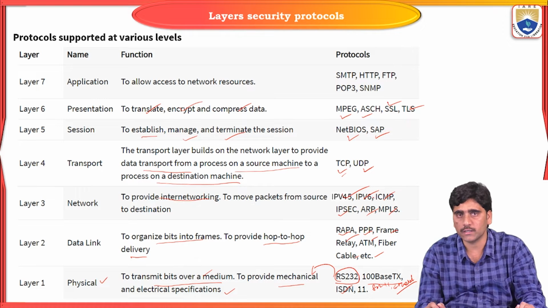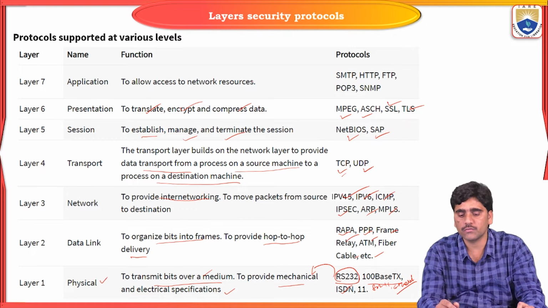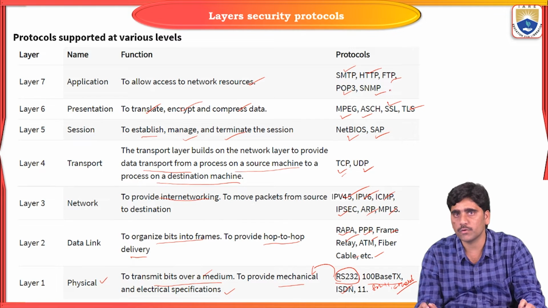And the application layer allows access to the network's resources using the SMTP protocol, HTTP protocol, FTP protocol, Post Office Protocol and SNMP protocol, Simple Network Management Protocol.